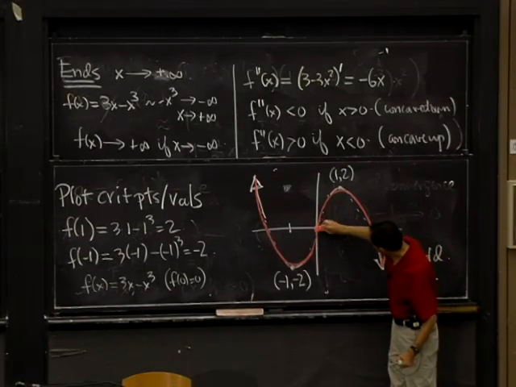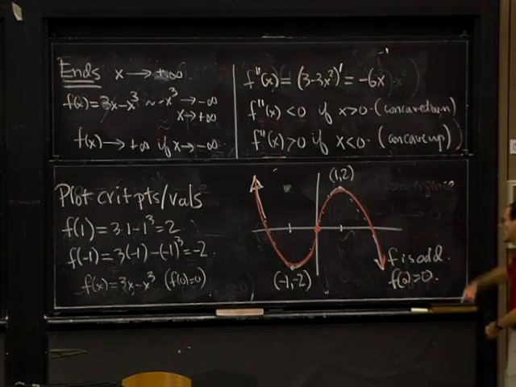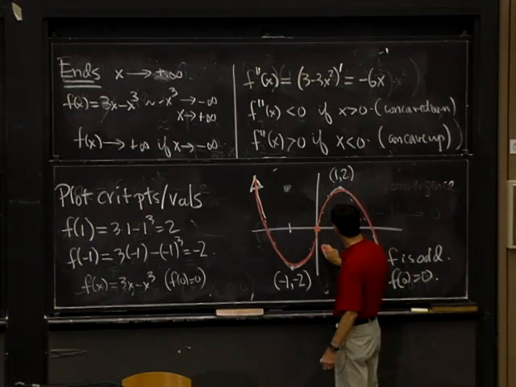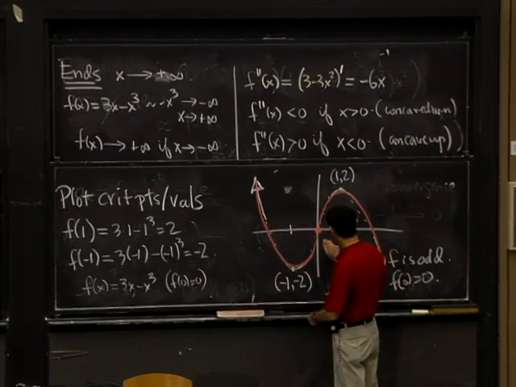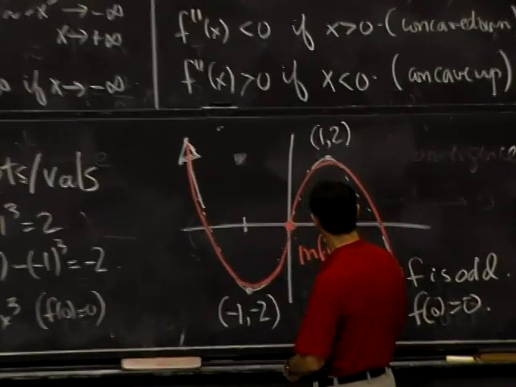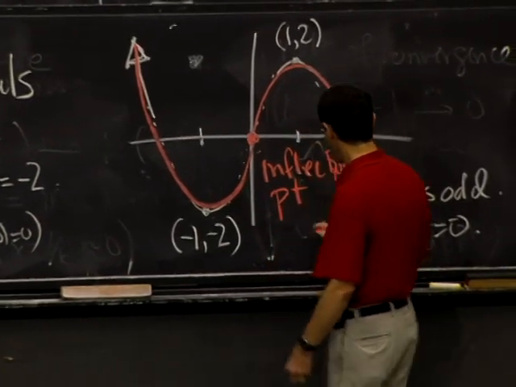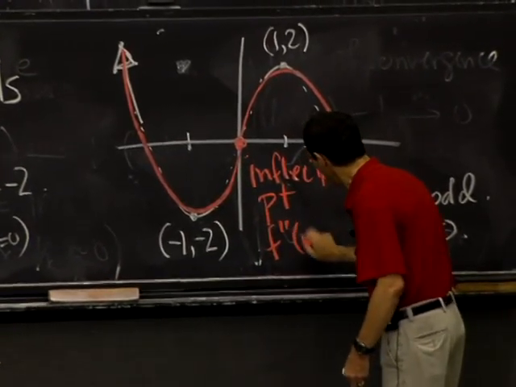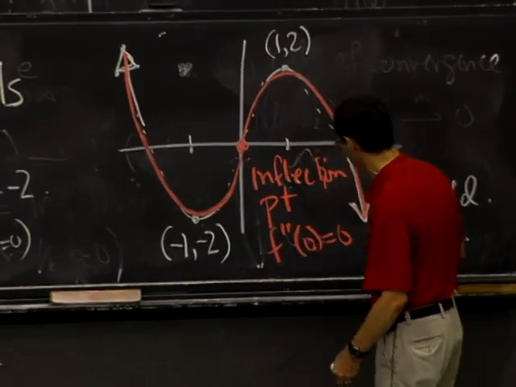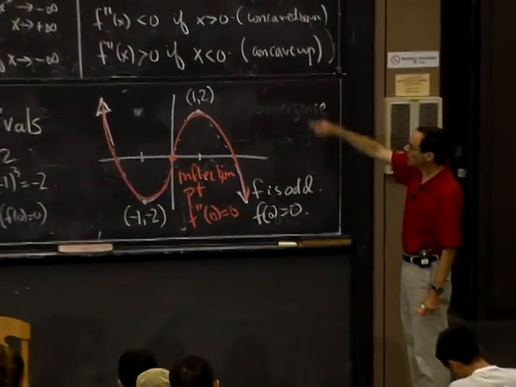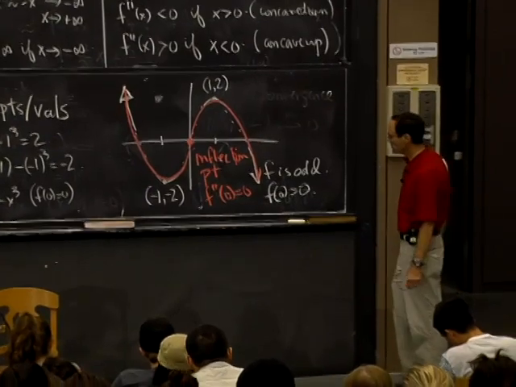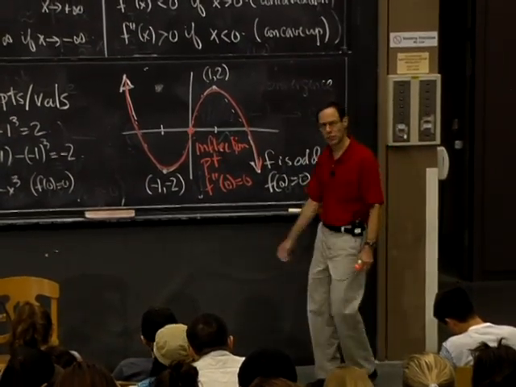All right? So this point is of interest not only because it's the place where it crosses the axis, but it's also what's called an inflection point. That's a point where f double prime at that place is equal to 0. All right? So it's a place where the second derivative is 0. We also consider those to be interesting points.